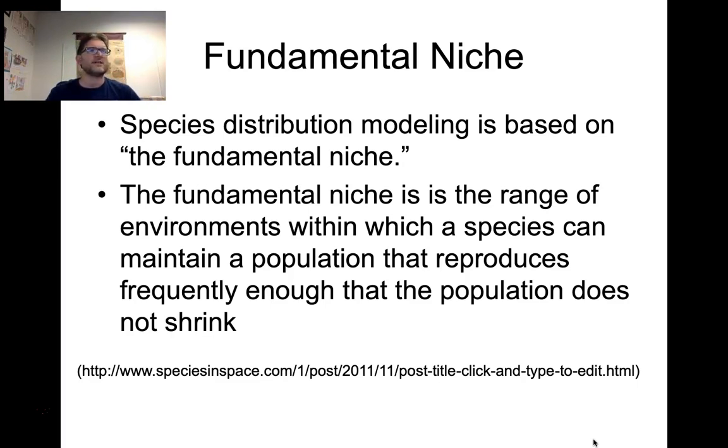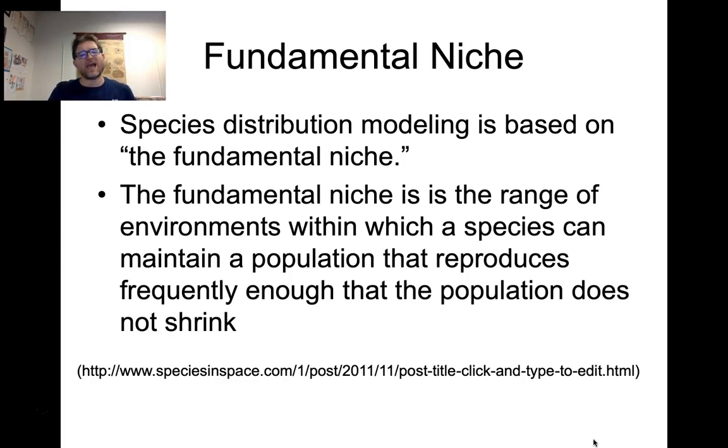So think about it. If I took some ants and I put them in an environment where there was very little food, the population size of the ants would shrink. The ants wouldn't do very well. Eventually they'd die and there'd be no more ants left. That would mean that that environment with that low food is outside of the fundamental niche of the ants.